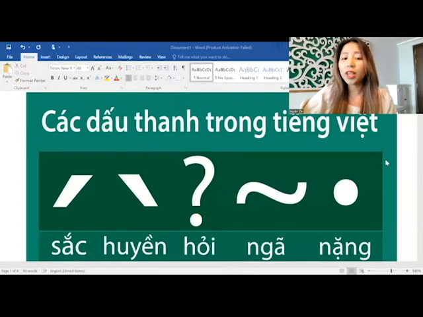So let's come straight to the point. There are 6 tones in Vietnamese language. So what are tones? In English, when I need to say, how are you? Are you good? I need to raise my voice at the end of the question because there is such a rule, right?